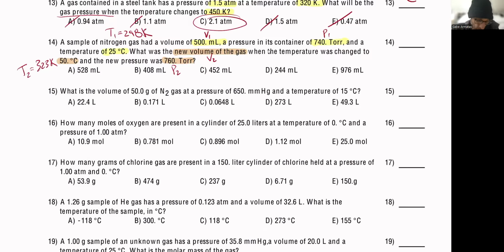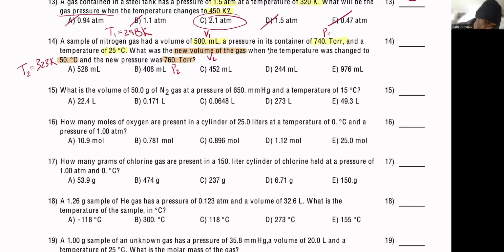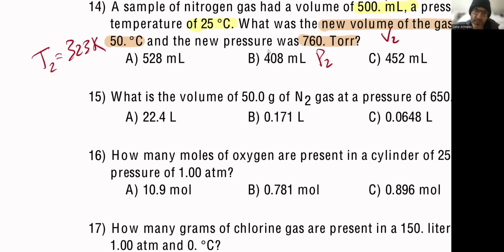Again, temperature is the only one we need to convert. I'm going to plug these into the equation. Nothing is kept constant, so we can't really predict unless they're both going in the same direction. P1 V1 over T1 equals P2 V2 over T2.